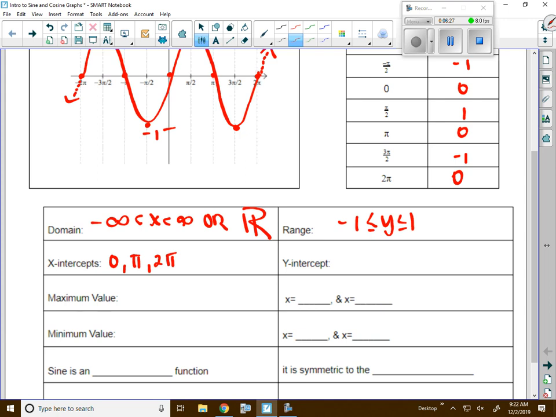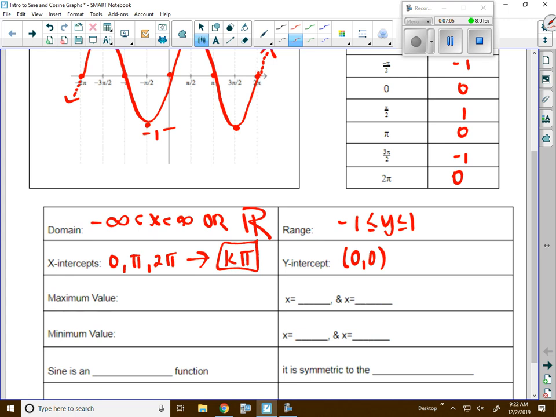Could you agree that if we take a number k, a whole number k, we could write the rule that the x-intercepts are k times pi, like 1 pi, 2 pi, 3 pi. It could be negative 2, negative 1 pi. What's the y-intercept of our graph? 0, 0. It crosses the origin.